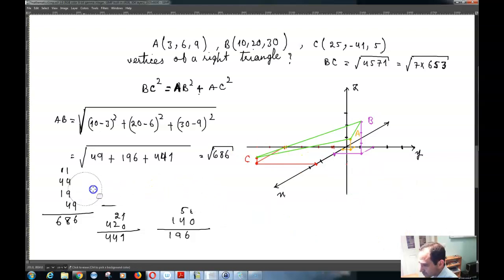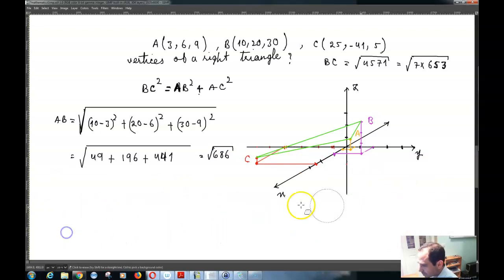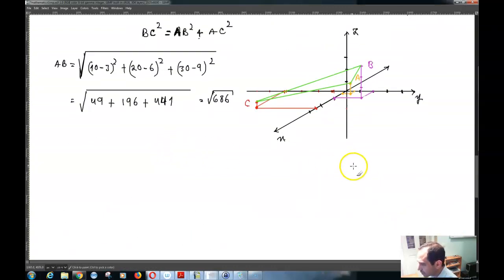Now the square root of 686, you can simplify it a little bit. You can write 686 as 2 times 343.